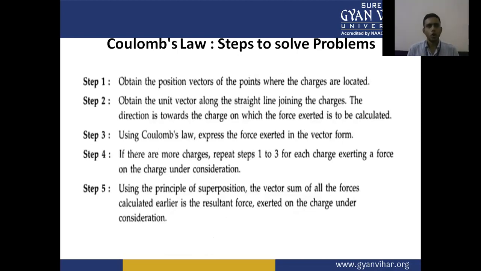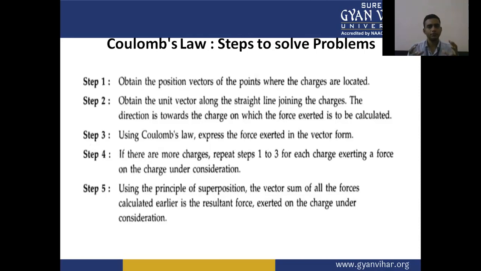Step 1. Obtain the position vectors of the points where the charges are located. Step 2. Obtain the unit vector along the straight line joining the charges. The direction is towards the charge on which the force exerted is to be calculated. Step 3. Using Coulomb's law, express the force exerted in vector form.